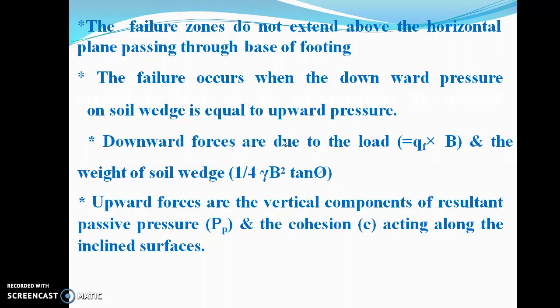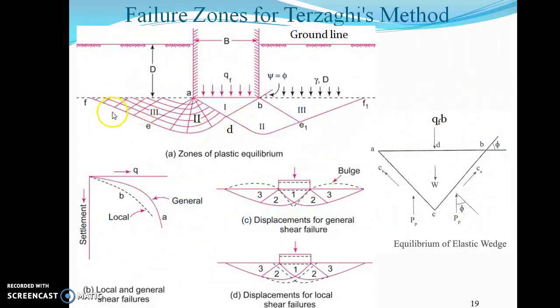Right? So going ahead, the failure zones do not extend above the horizontal plane passing through the base of the footing. So if you see, it's stopping here. Now which is the horizontal plane passing through the footing? The line indicated here by a dotted line. So these are not going above, right?